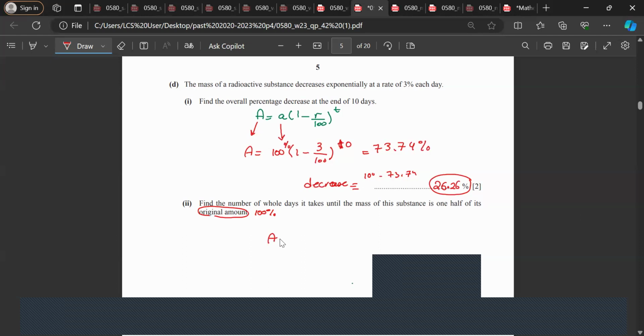So A equal A initial times 1 minus R over 100 power T. He wants the number of days, so T is required. If the original percent is 100%, what will be the final? He said 1/2, which means it became 50%. 1 minus the same rate like this.